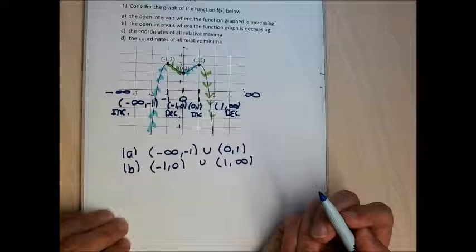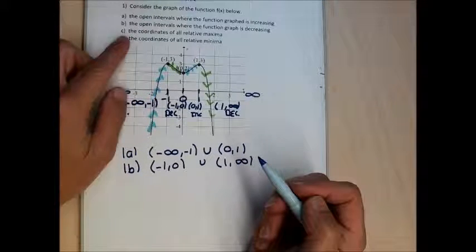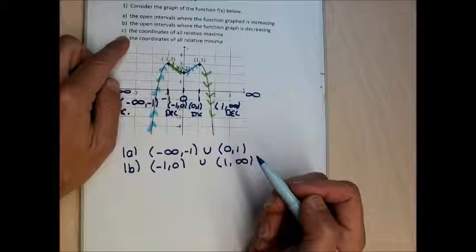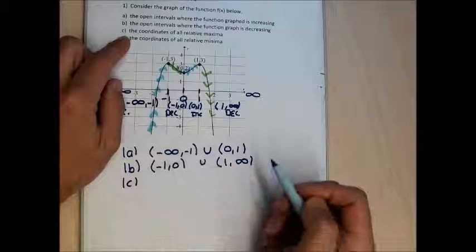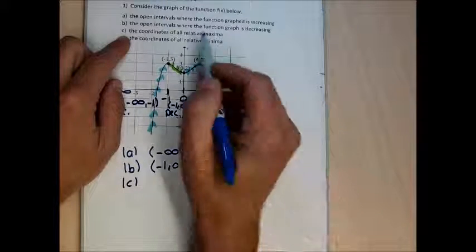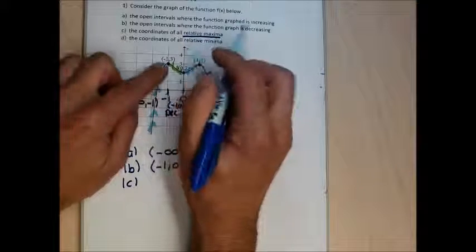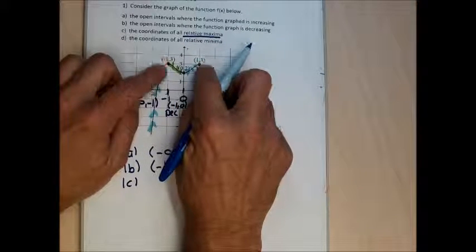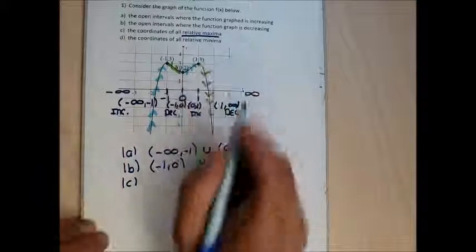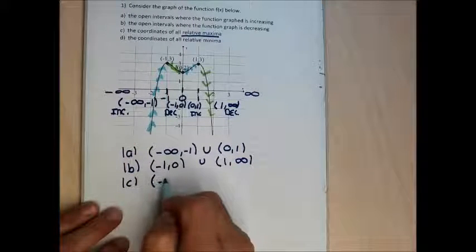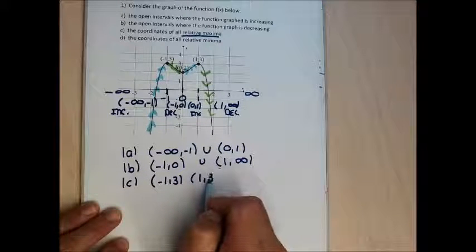The way question C is written, I probably would accept, when you state the coordinates of the relative maximum, if you just actually wrote the points. The points negative 1, 3 and positive 1, 3 are higher than any points close to them. Those are going to be relative maximums. So if you just wrote this for an answer to 1C, I'd absolutely live with it.